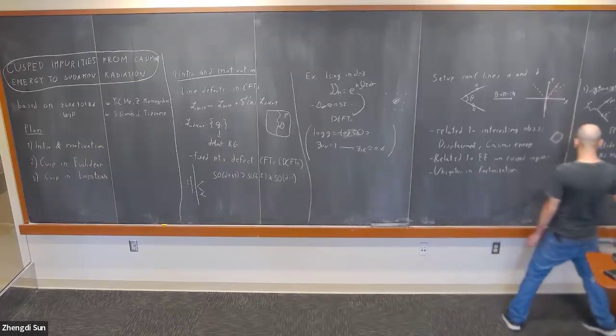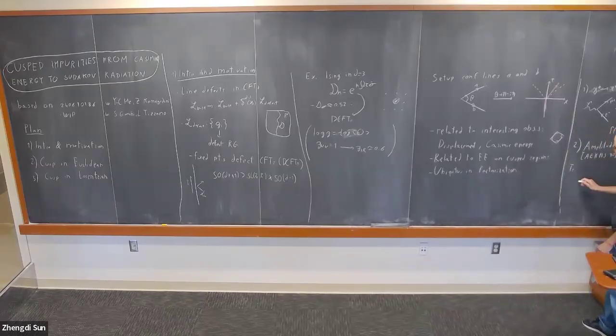It's a statement that if you take some correlation function, to be concrete, take N equals 4 Yang-Mills, a four-point function of some bilinear, like trace phi squared.